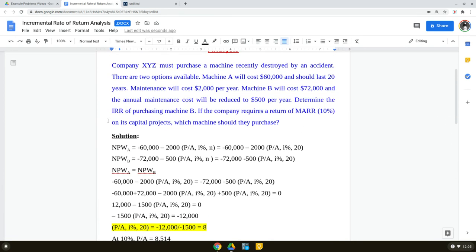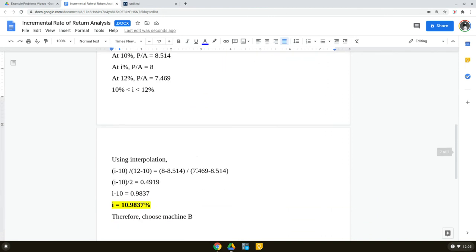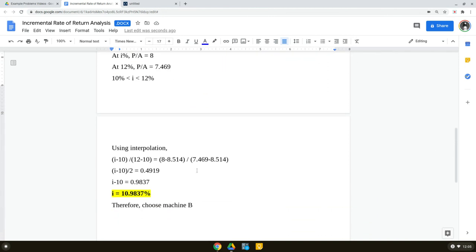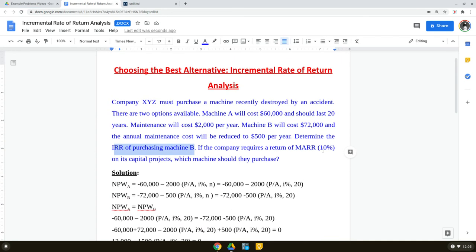Determine the IRR of purchasing machine B. Now, what does that tell us? Which machine should we choose? So here is how you make that decision. Now that you have the rate of return, you compare that rate of return with the minimum attractive rate of return that is required, 10%, right?